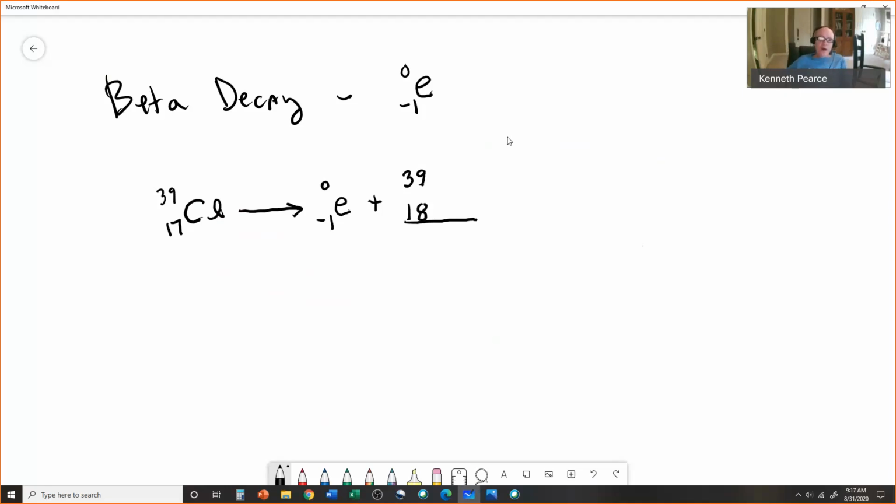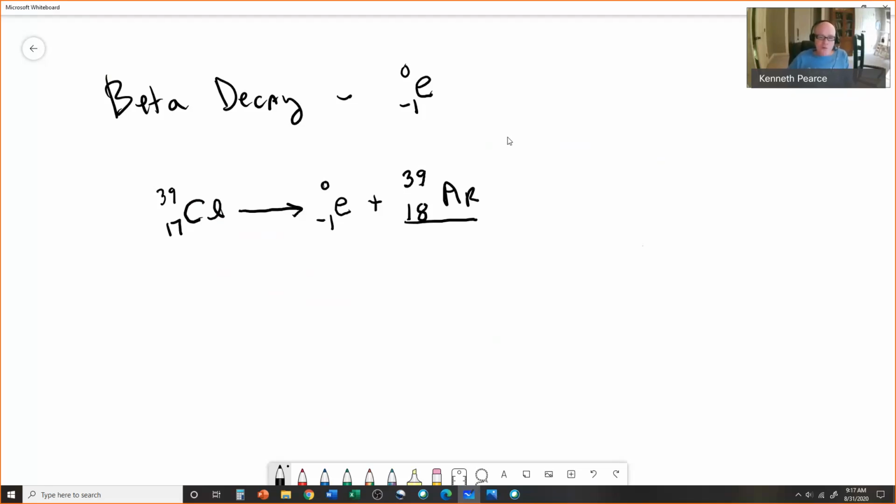So 18 minus 1 gives you 17. And so what is element number 18? Well, it's the next one over, and that would be argon. So the product of beta decay of chlorine 39 is argon 39.